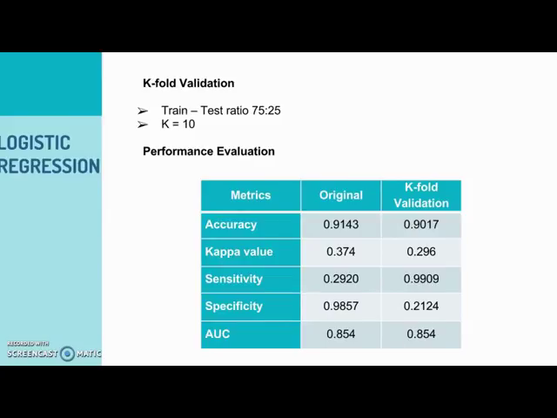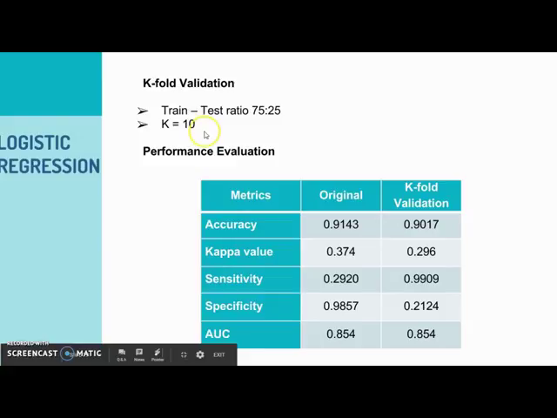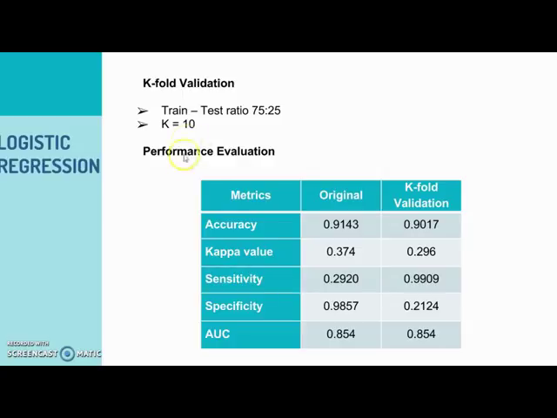Then, we validate the model using k-fold validation with k equal to 10, which means the model will repeat the training 10 times. The result of the evaluation is then compared to the original one, and it can be seen that the accuracy of the model has slightly decreased from 91% to 90%.